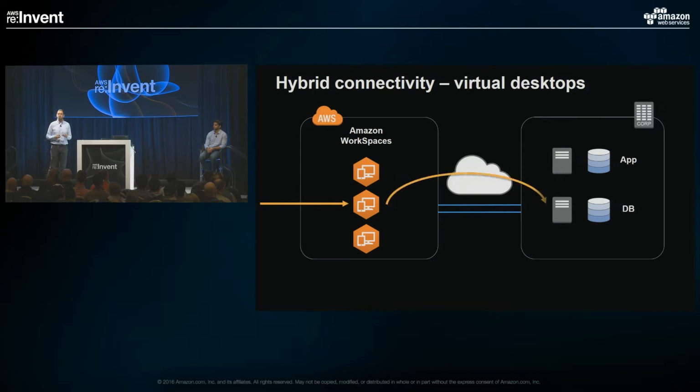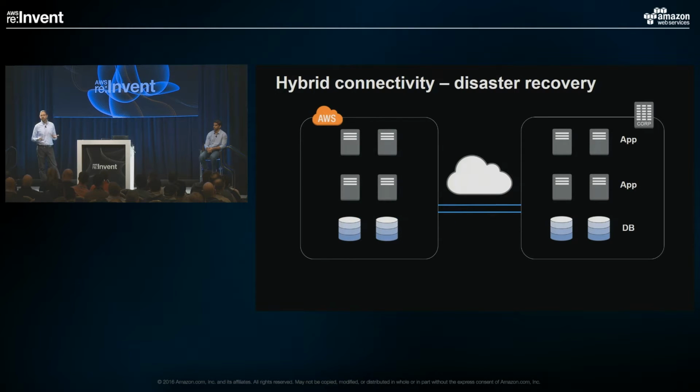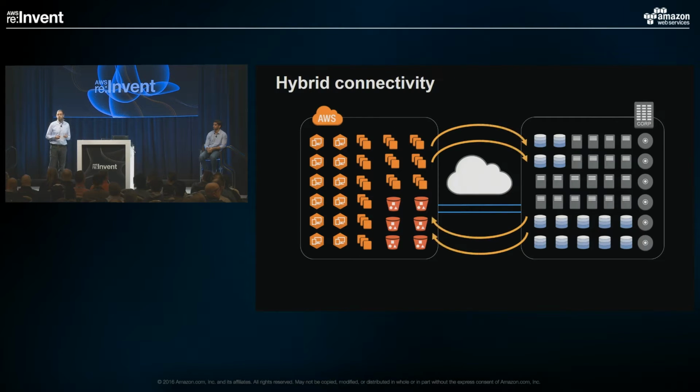You may be running Amazon WorkSpaces as your chosen VDI solution, or desktops in the cloud, and then those WorkSpaces require connectivity to back office applications that are running in your data centers. You may be looking at AWS as a disaster recovery site that provides you with some geographic diversity between your locations. And you may be doing all of these things perhaps at the same time.